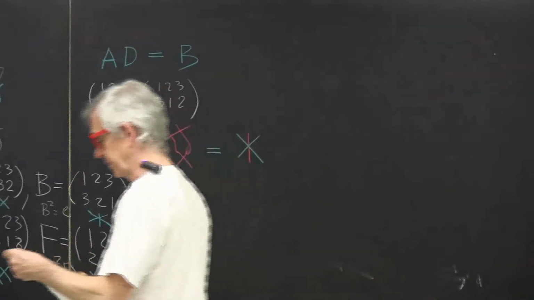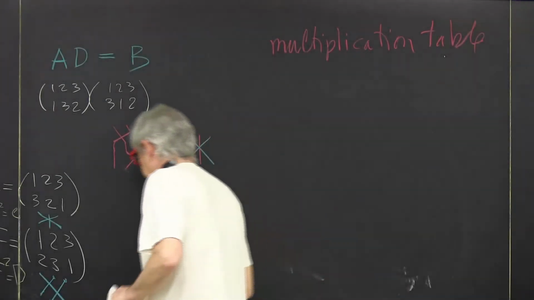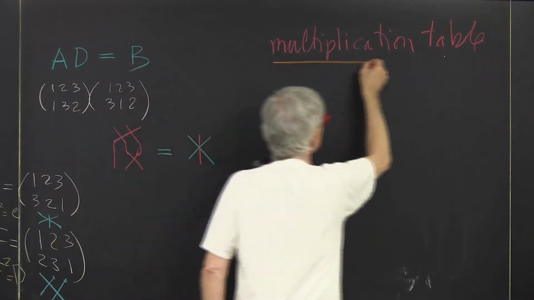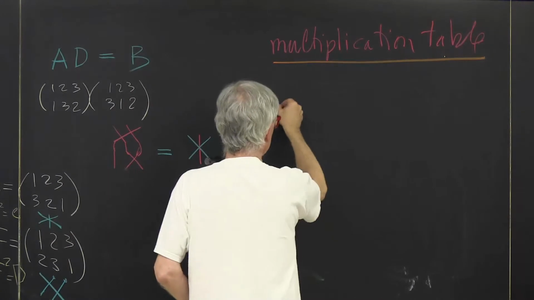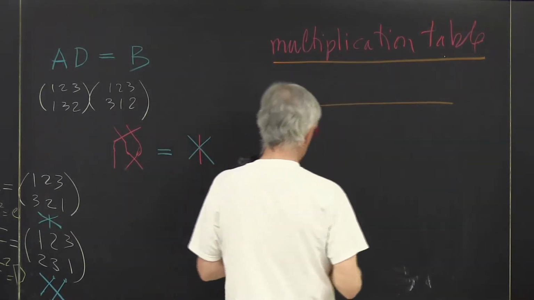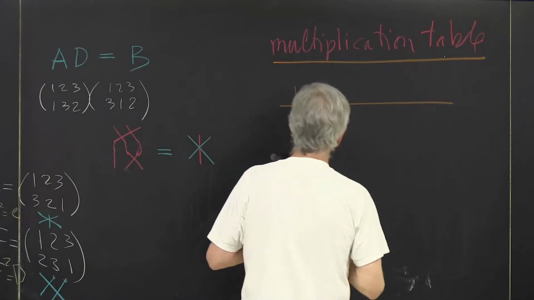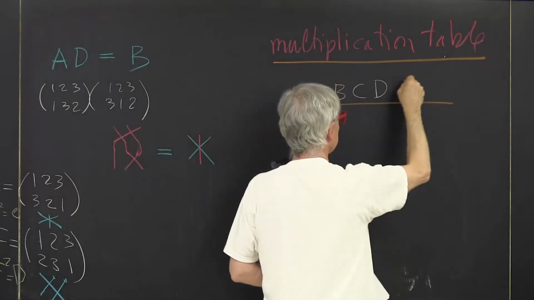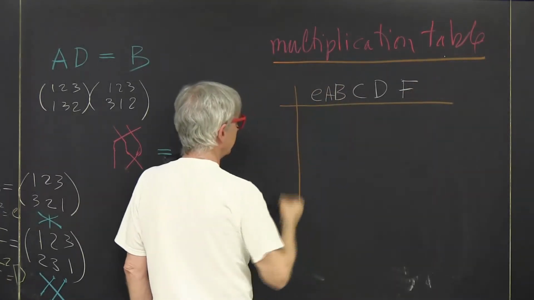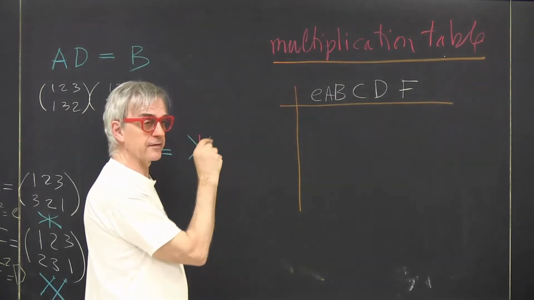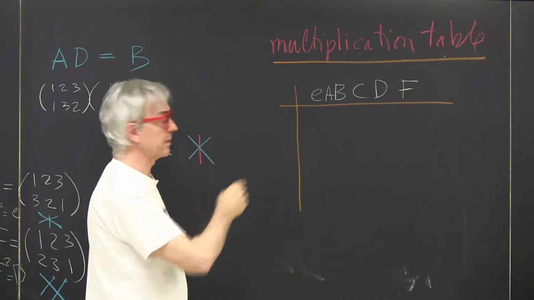So let me write the multiplication table. Once I've written the multiplication table, I've defined abstractly a finite group. What we'll find convenient is to write the multiplication table in the following format. You'll write identity, A, B, C, D, F. But here, because of what we already did, we realized that we actually care about the inverse operation.